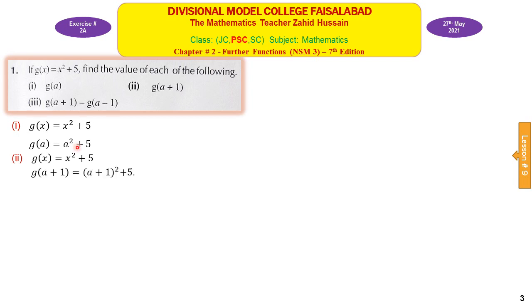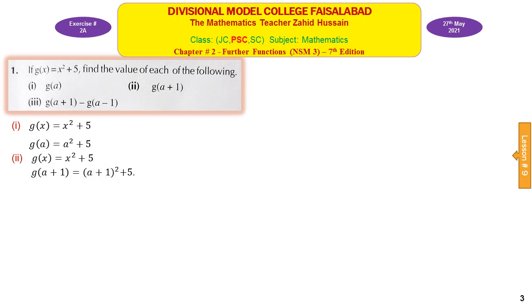In part 2, you are asked to find the value of the given function when x is equal to a plus 1. That is, in the function you will replace all x's by a plus 1. So in this function we will replace x with a plus 1, and we will take the square of this because there is x square plus 5. We will expand this by using the identity a plus b whole square.